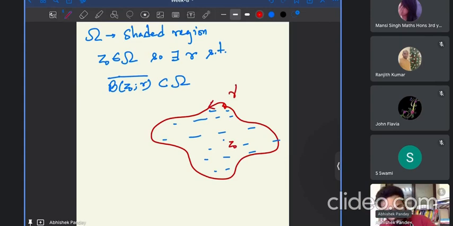This is the region omega. So what we will get is a ball of this radius r. So this is your r.